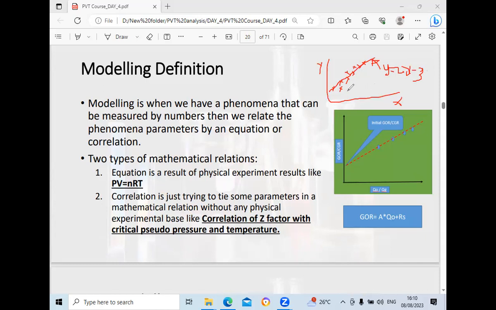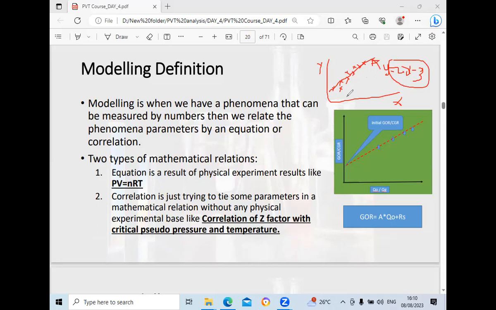So that gives us the equation of this line. This was not derived from a physical experiment, but from analyzing the relationship between two parameters. So this is called a correlation. That is the main difference between an equation and a correlation.